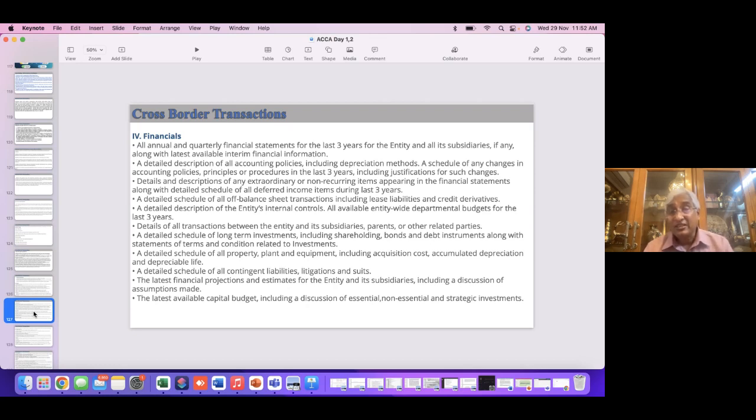So these are again the assumptions or the discussions which are supposed to be captured for presenting to the appropriate authority. The latest available capital budget, including discussion of essential, non-essential, and strategic investments.